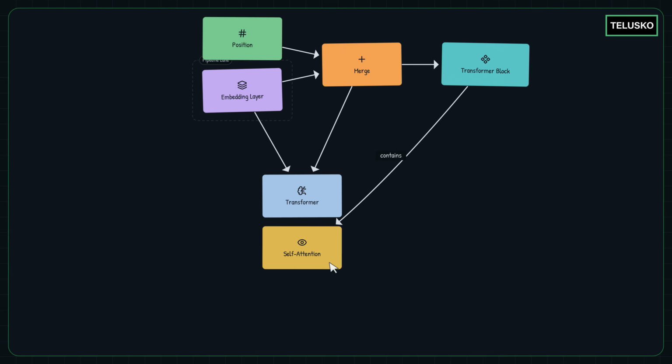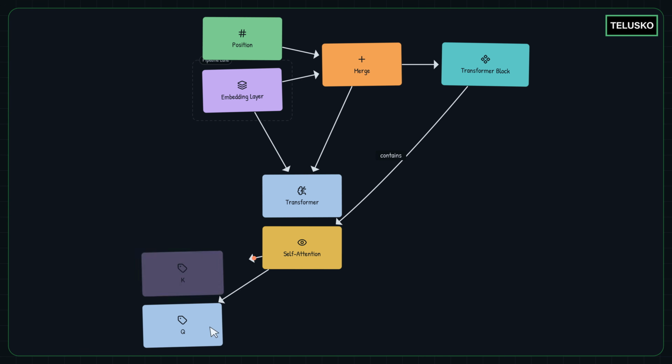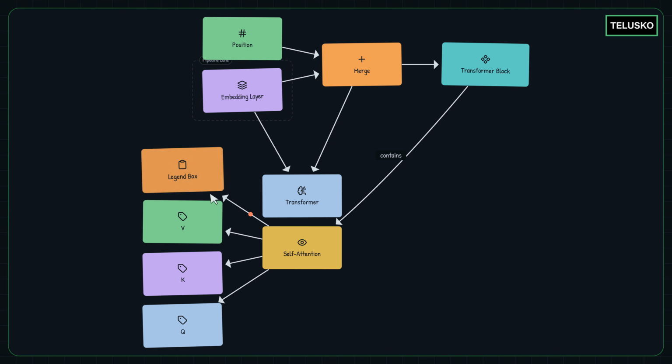Let us pin those rules onto our pipeline layout so you can see where they live. Each token inside self-attention carries a Q tag, a K tag, and a V tag, just like the legend shows. Why does this matter to you as an AI engineer? Because the exact same query key value idea shows up whenever you build retrieval over a vector store.